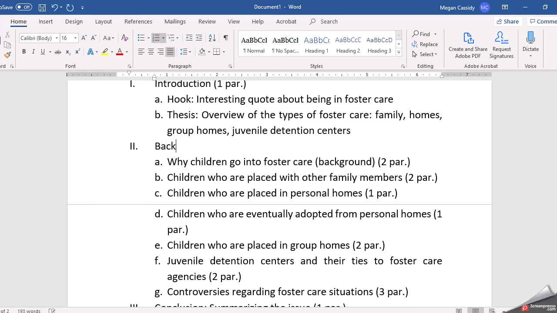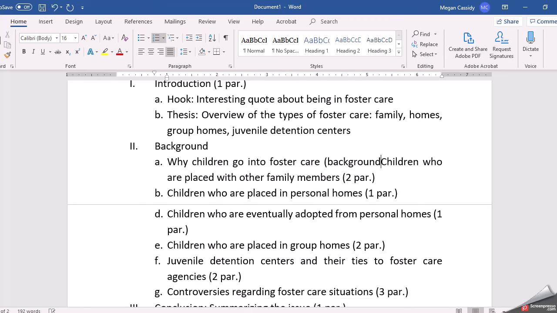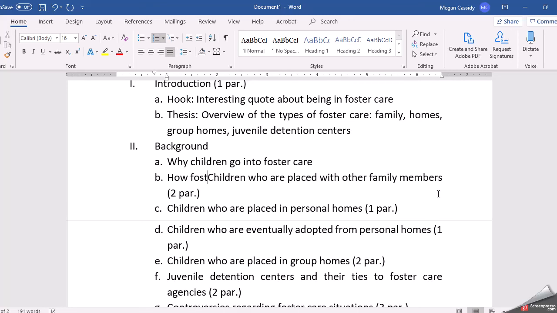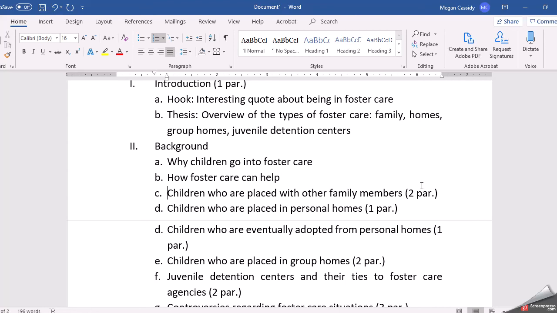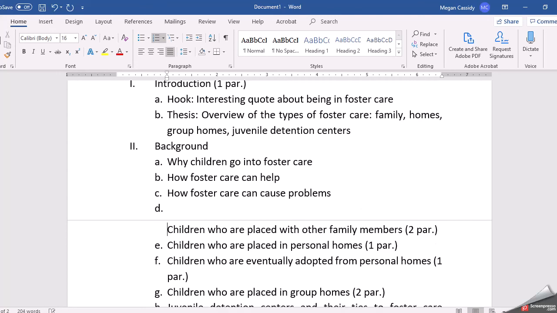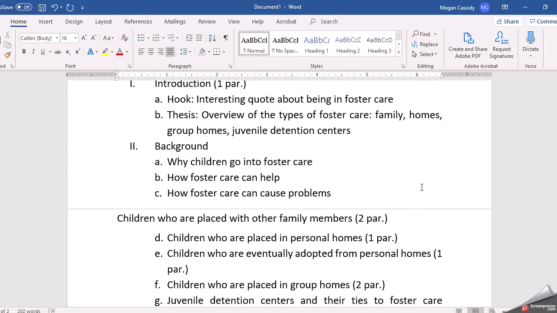So this first one is going to be background. Then I'll make each one of these little letters a paragraph. So why children go into foster care, how foster care can help. Maybe I have 1 paragraph on that. How foster care can cause problems or trauma, however you want to put it. Okay, so those are my 3 background paragraphs.